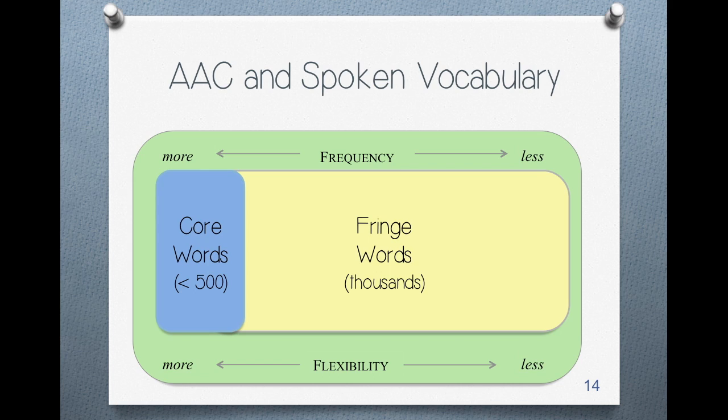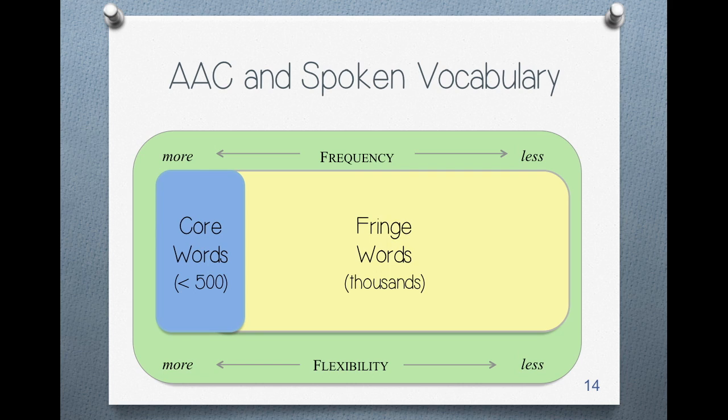So I just wanted to show that the representation that we have here in blue and in yellow represents the size of the set of words, but it doesn't necessarily reflect that 80-20% split that we have in speech, in which case it would sort of be reversed, where the core words section would be really big, representing 80% of our spoken language, and the fringe words would be really small.